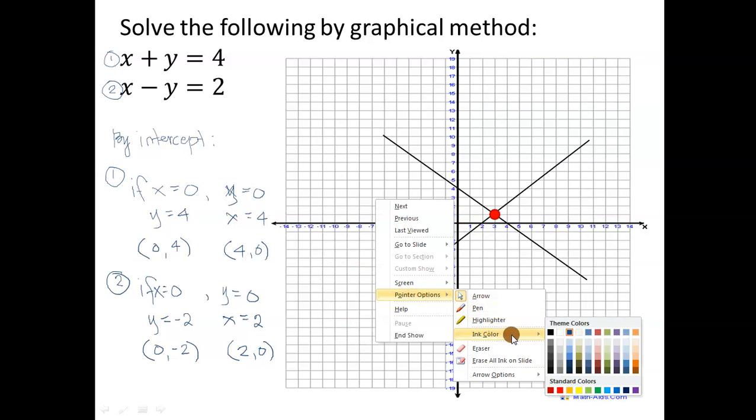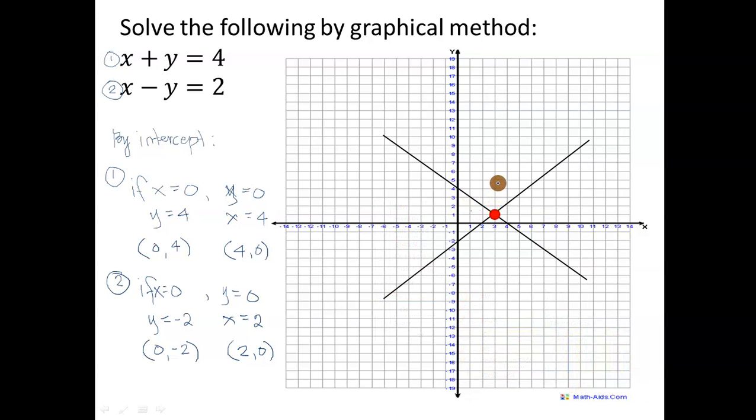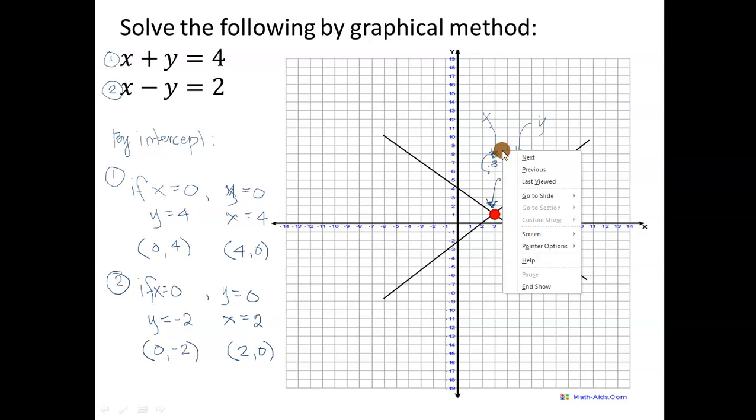So, you have there the coordinates of this point here is what? 3 and positive 1. Okay? So this one here is your x and this one here is your y. So x is equals to 3, y is equals to 1. The same answer as with the solution by using the substitution method and the elimination method.